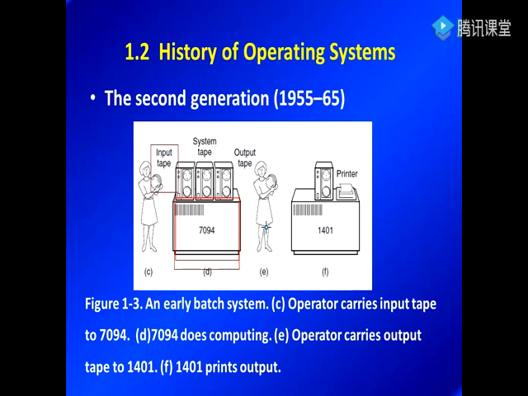So you can see 1794 finished the execution of the program and got some results. It outputs the results onto the output tape, and then we need the operators to carry it.